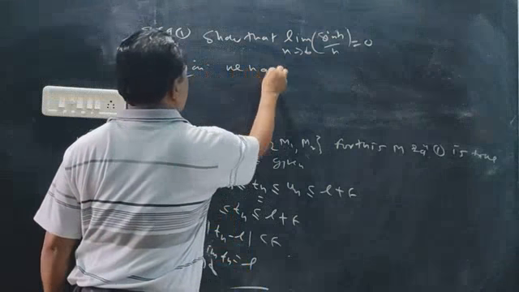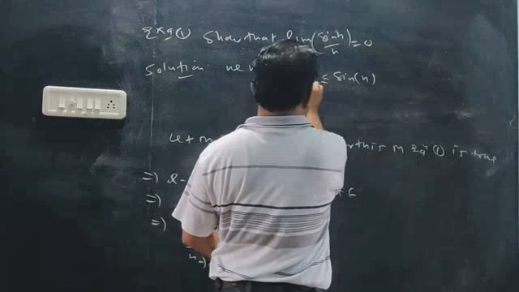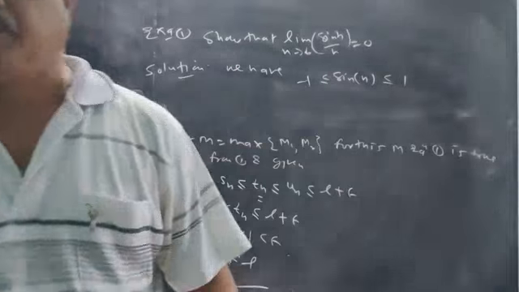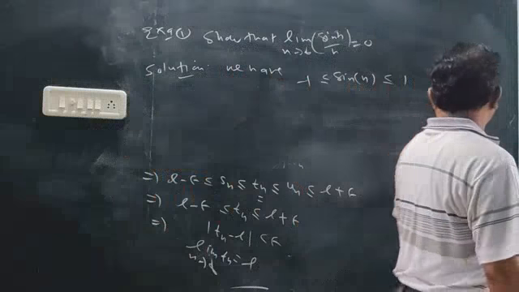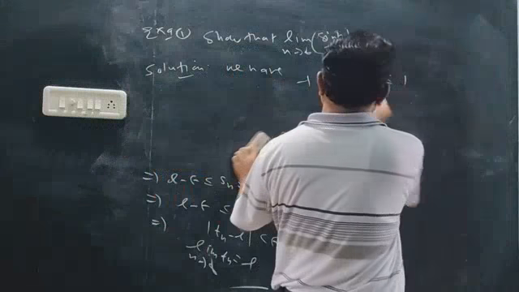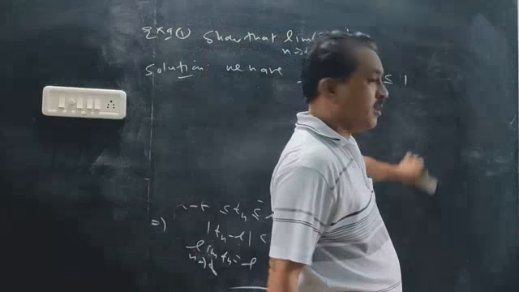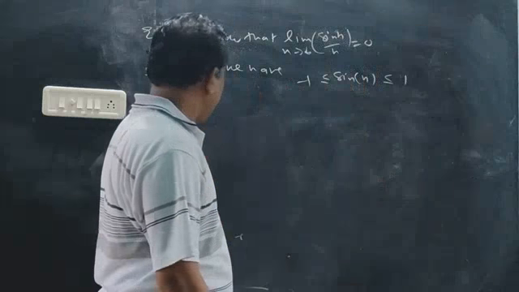So in mathematics, every sine value lies between -1 and +1. Sin 90 is 1, sin -90 is -1, sin 0 is 0. Every value lies between -1 and 1.